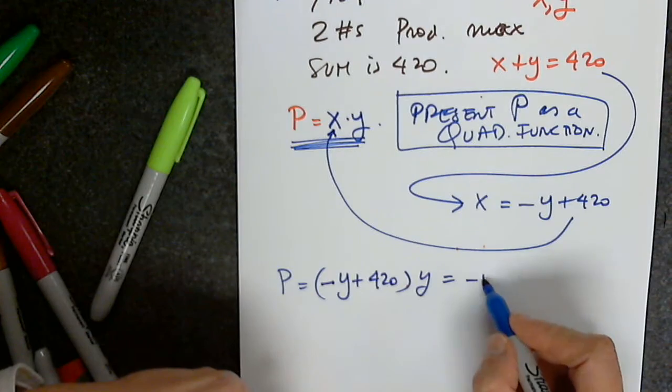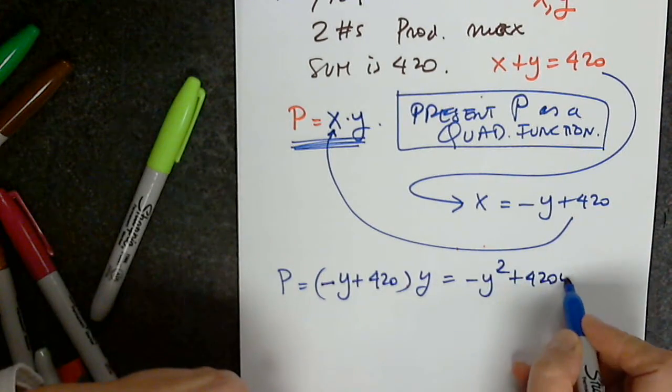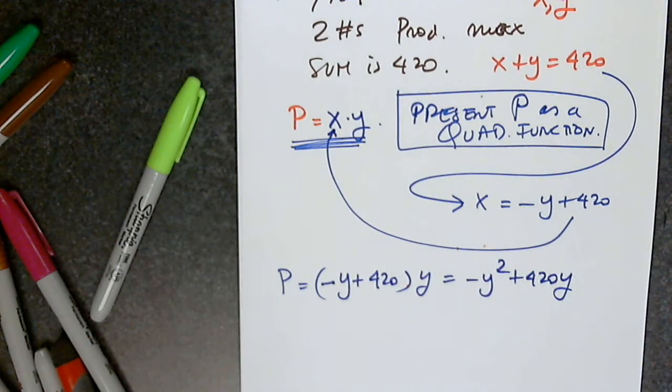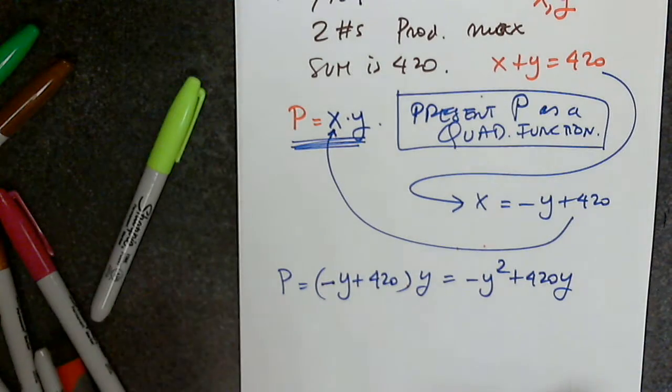Is this quadratic? Does it have a maximum? How do I know? The negative leading coefficient. It has to have a maximum. So once I have the function, I look at it and I say, yeah, it has a maximum.